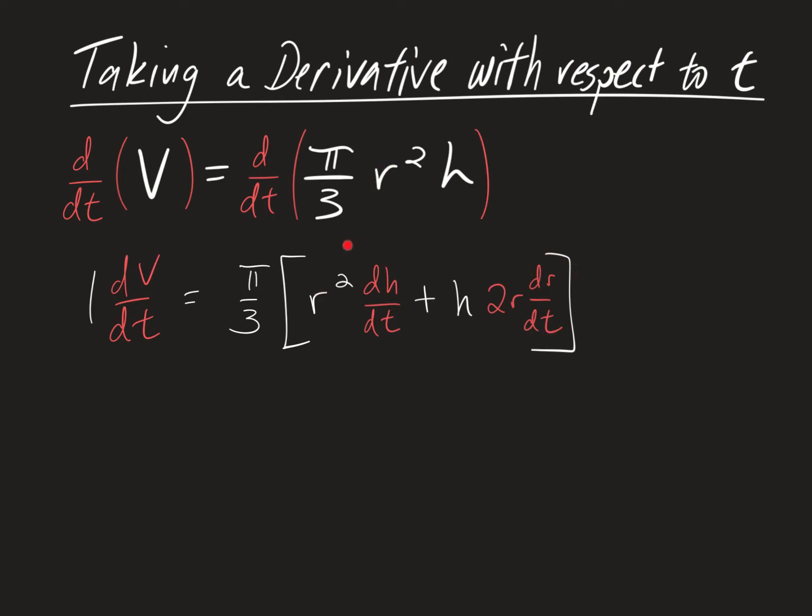So we have the radius in our derivative, as well as the rate at which the radius is changing. We have the height in our derivative, and we have the rate at which the height is changing. So basically, we are looking for an actual variable and the rate that the variable is changing. So these are important things that will be given to you, or you'll have to figure out as you work through examples.